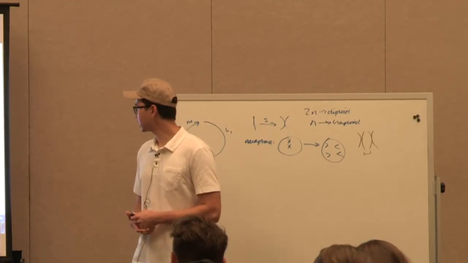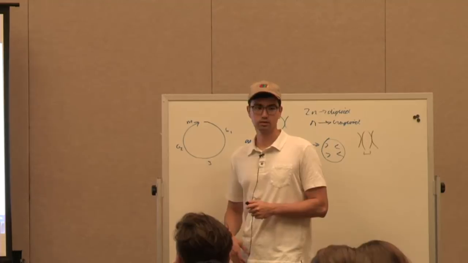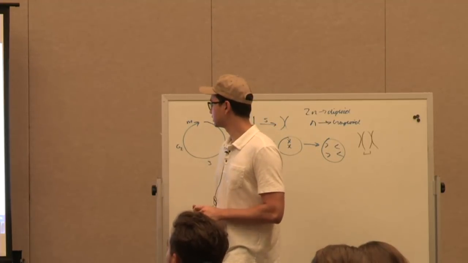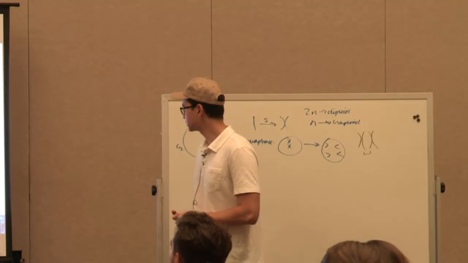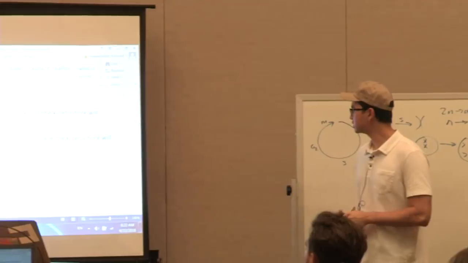It's not A. A would be what? Centromere, yeah. And then sister chromatids don't have any differences between themselves.